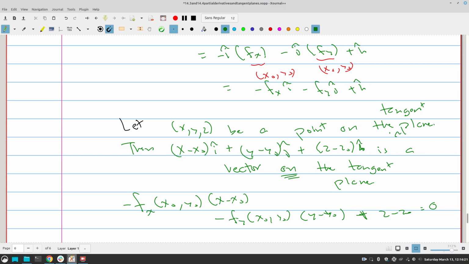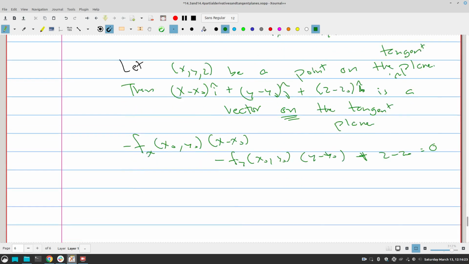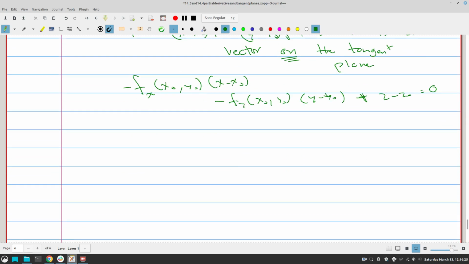So the equation of the tangent plane can be written as z of x, y equals z naught plus fx at x0, y0 times (x minus x0) plus fy at x0, y0 times (y minus y0).